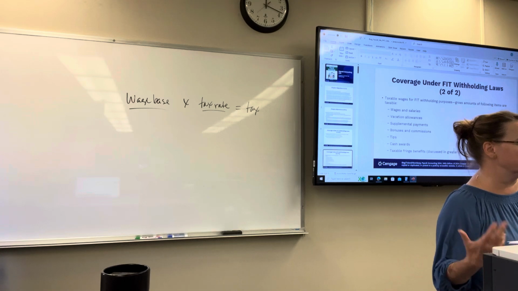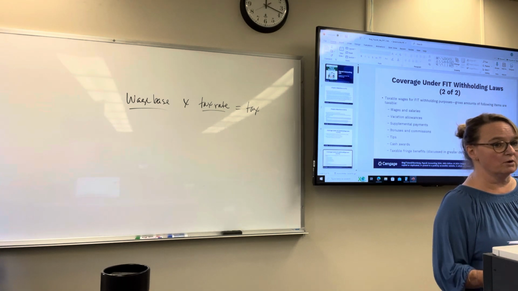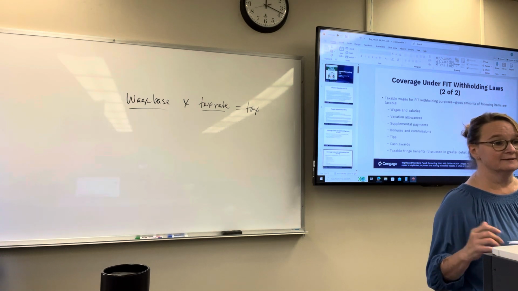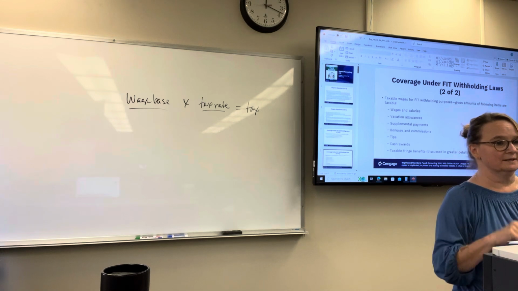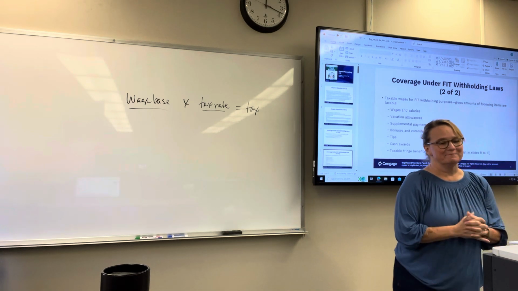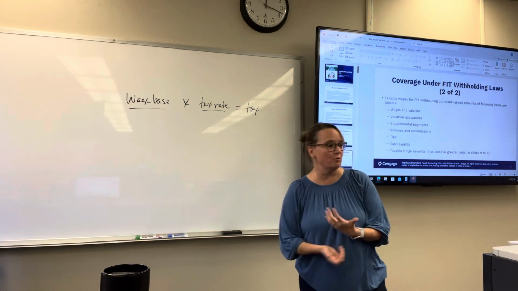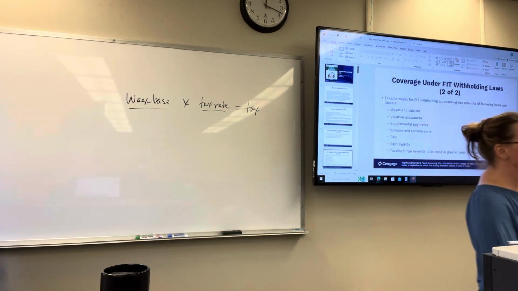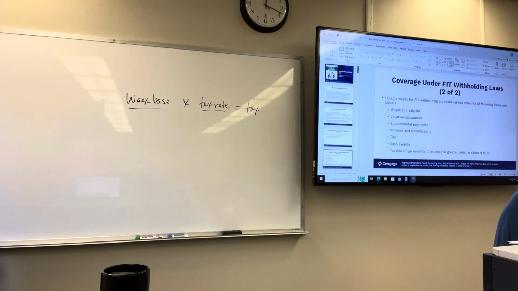If an employer pays for a gym membership on behalf of an employee, and that gym membership is off premises, for example, let's just say an employer pays for a YMCA membership on behalf of their employee, $90 a month, whatever.